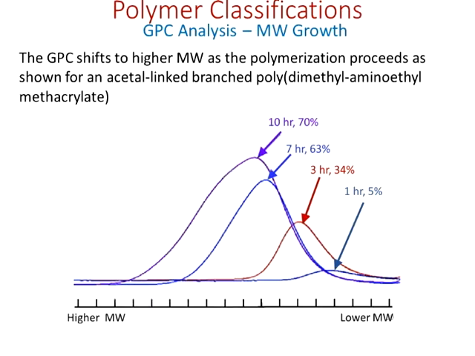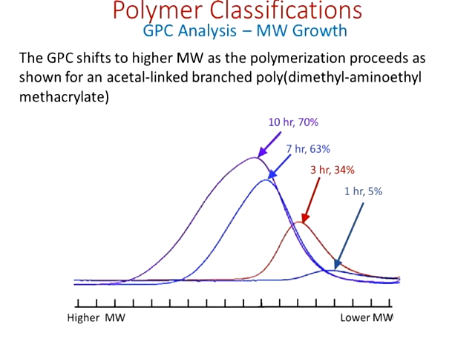So for example, in the first curve, we see that it takes about 10 hours for this to be about 70% complete. And we can tell that by the shift in the molar mass to the higher molecular weight, to the left side.